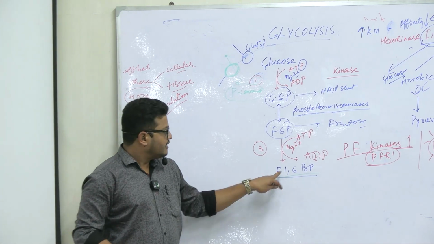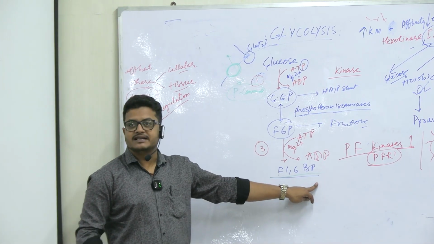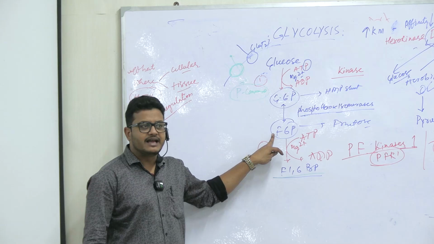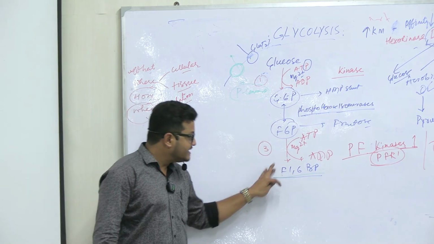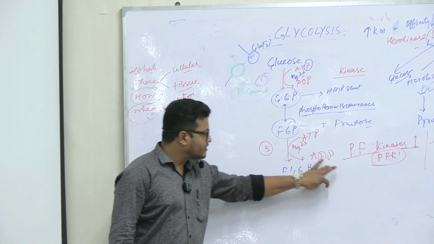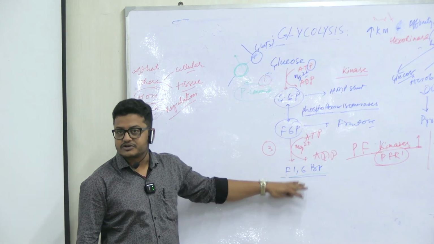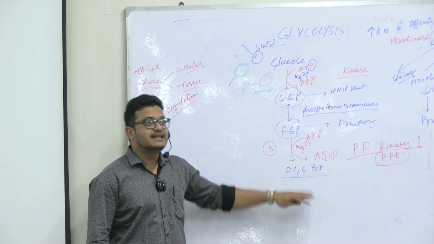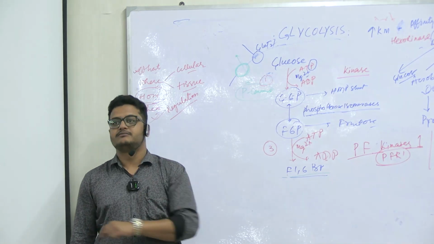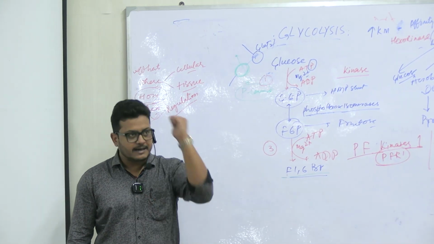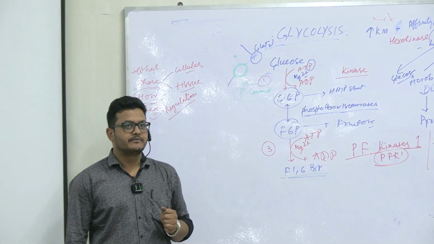But once fructose 1,6-bisphosphate is formed, it is an irreversible reaction. It cannot convert back. This gives a confirmation that the glucose that is utilized for the formation of fructose 1,6-bisphosphate has to convert into pyruvate. Confirmed. Is that clear?